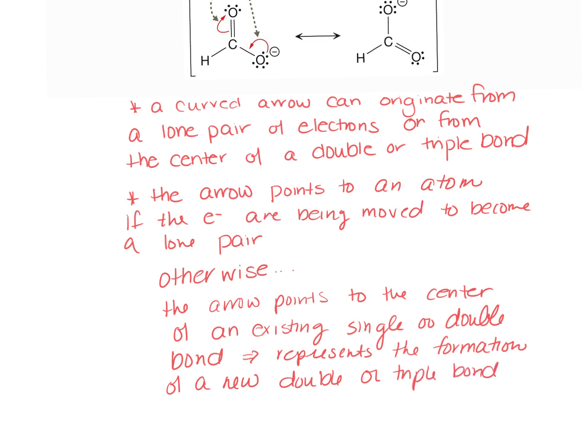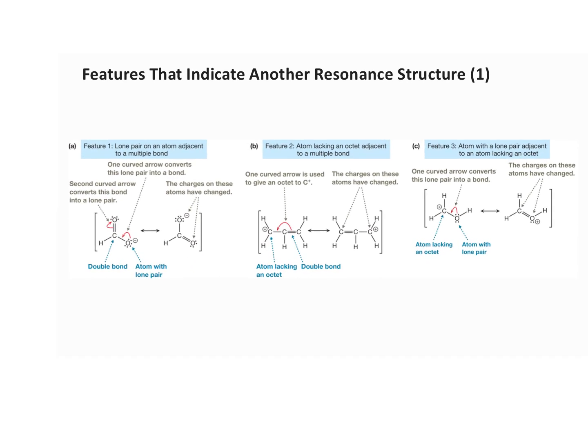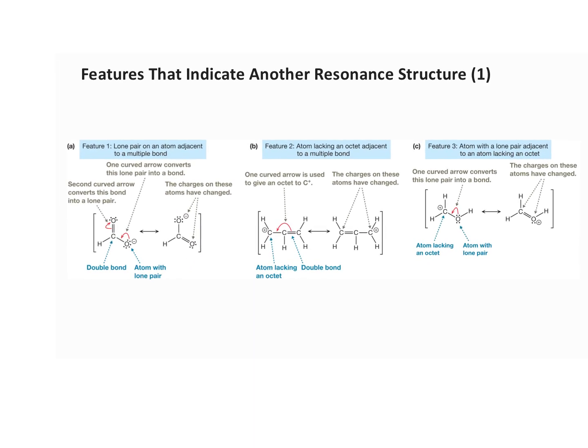Okay, so I have a list of features here that indicate that there's another resonance structure, and we're going to go through those features. There are 5 of them. So here are the 5 key features in a Lewis structure that suggest that another resonance structure exists. Here's the first feature. You have a lone pair on an atom next to a multiple bond.